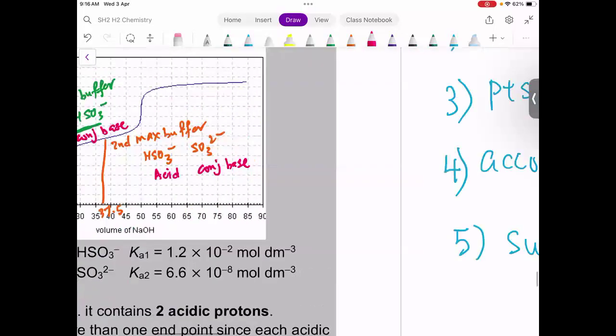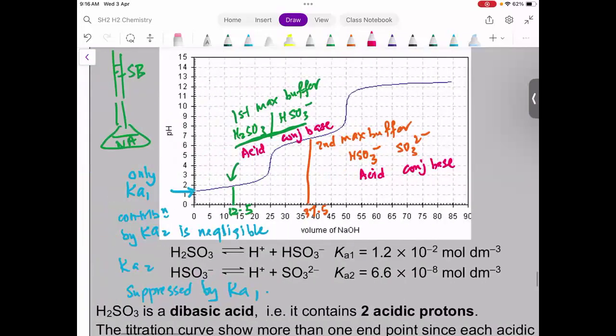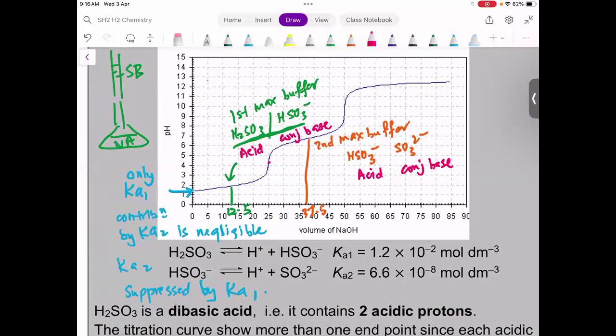Then the next question asks you to account for the pH at the first and second equivalence points. Now, if you look at this, it doesn't quite fit, because normally when I have a weak acid, strong base titration, my salt will be a basic salt. But the first equivalence point has a pH obviously less than 7.